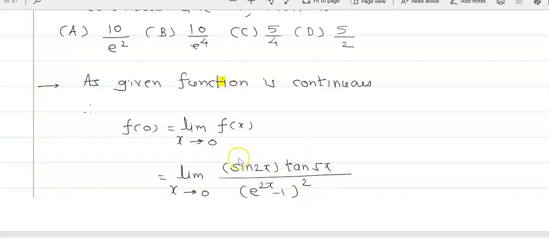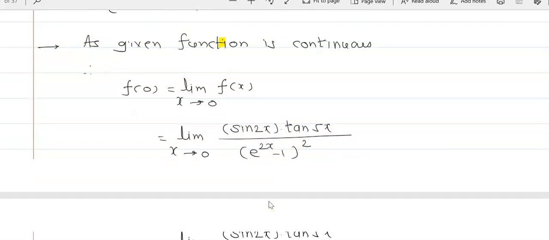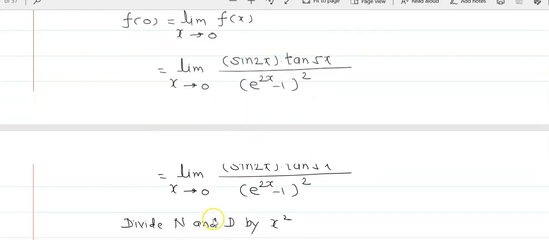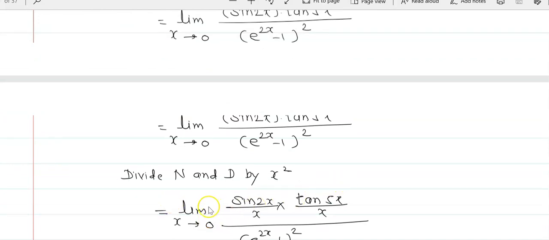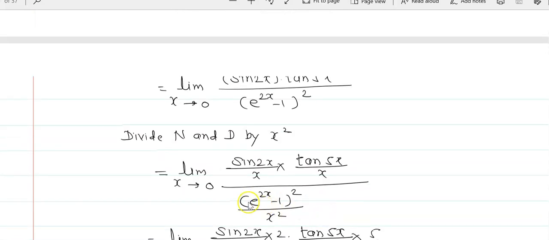In this case, divide numerator and denominator by x square, one x here, another x here, and x square below. Then limit x tends to 0 of sin of 2x upon x into tan of 5x upon x, upon (e raised to 2x minus 1) whole square upon x square.